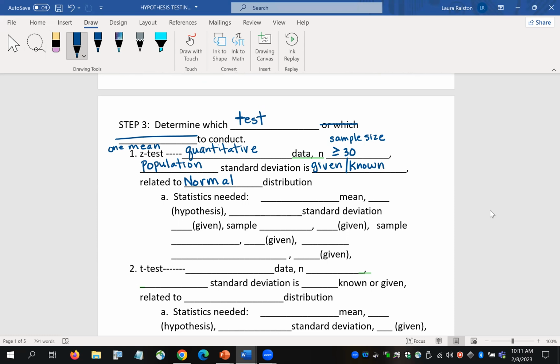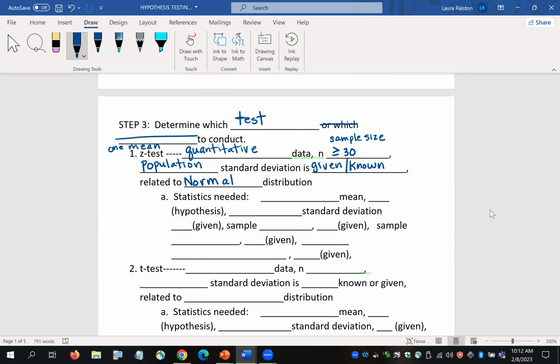So for a 1 mean Z test, you have quantitative data, which is numbers. Your sample size is greater than or equal to 30, and you know the population standard deviation.